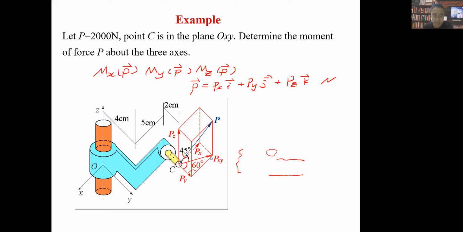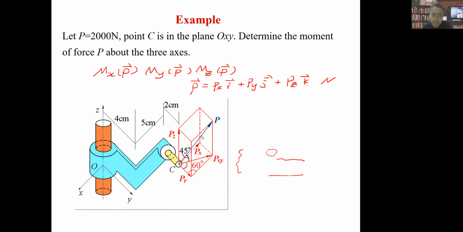You can extend the action line of Pxy and draw a line from O perpendicular to it. Then Pxy times h gives the moment of Pxy about point O. That's the definition of a force's moment about an axis.